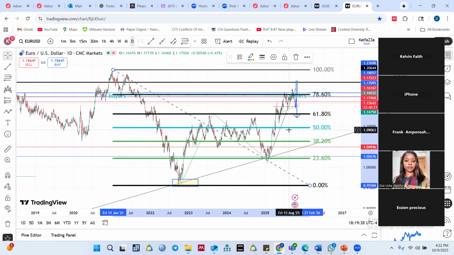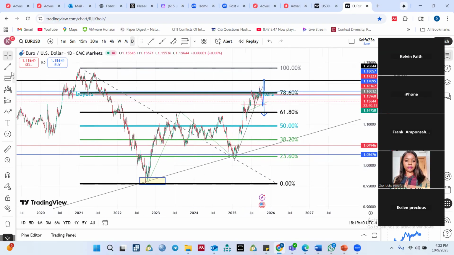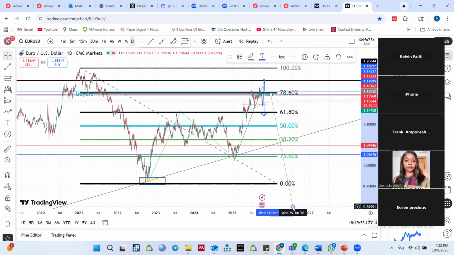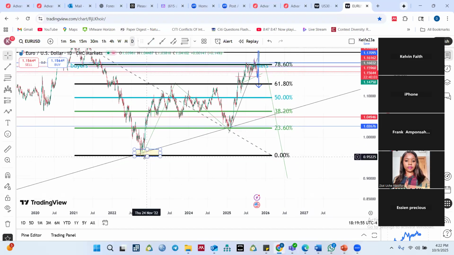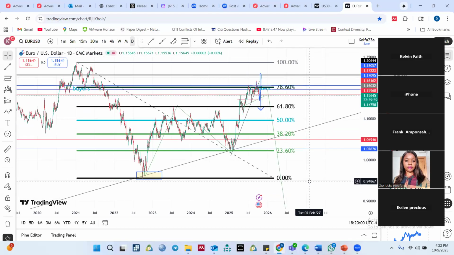So the goal is that price is at premium and we are supposed to sell. If it's going to really sell, this sell should be big. It should give us a new low so that we will now see that there is a downtrend.